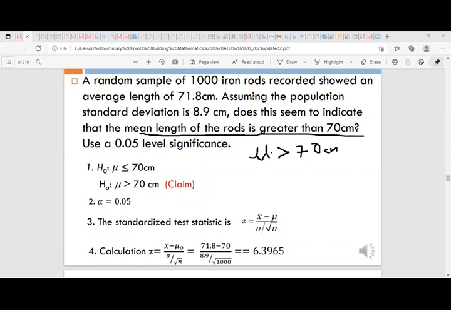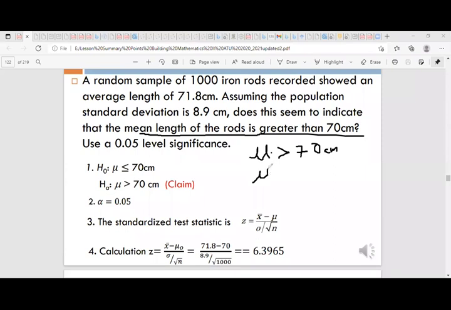So the investigation here is to check if the mean length is greater than what? 70 centimeters. So you're right. Mean is greater than 70 centimeters. Then step 2 is to write the contrary, because it's an experiment. It's either going to be true or false.